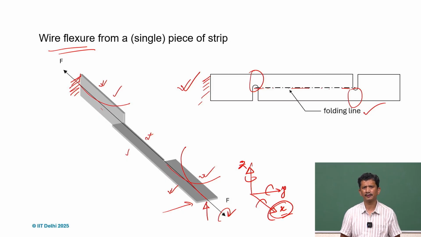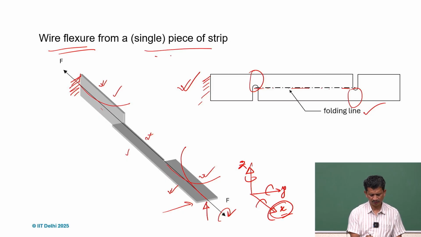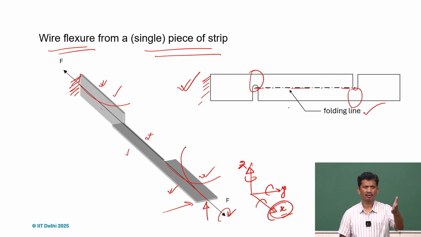So it can be a reinforced flexure, or it can be a folded sheet like this. So a single piece of steel folded in this way can substitute a wire flexure, and we can also check what will be the limiting conditions if there is a compressive load.